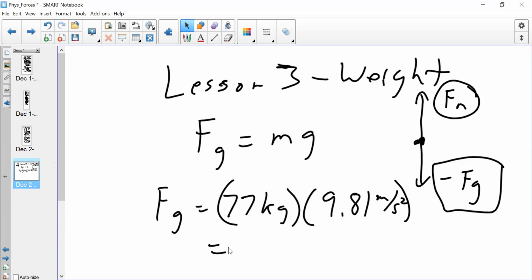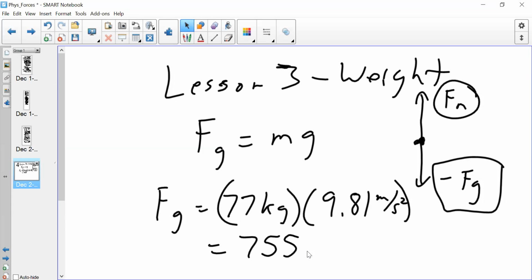I can set it to read kilograms or pounds, but in terms of what you guys are used to, kilograms is a nice way to see that. So when you multiply that, 755 newtons of force.